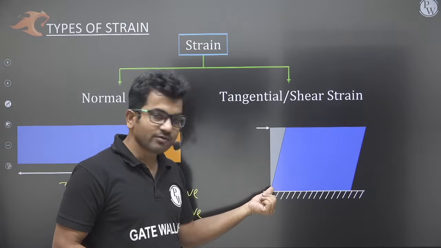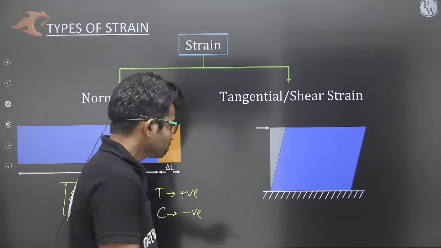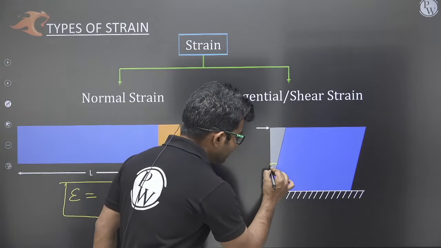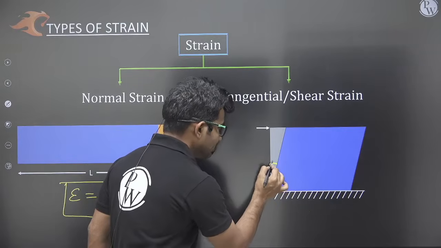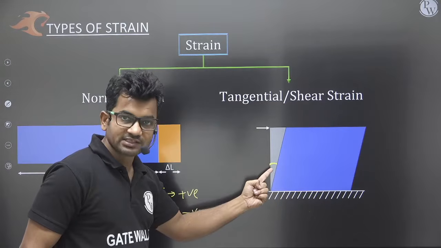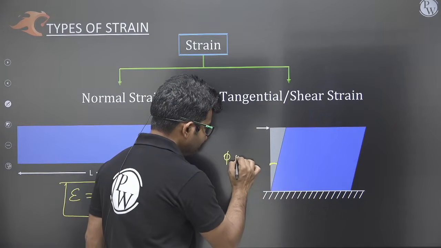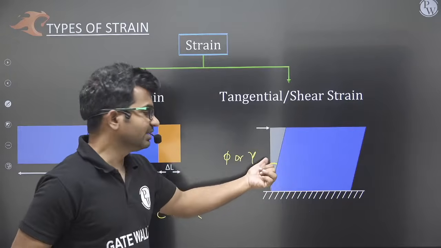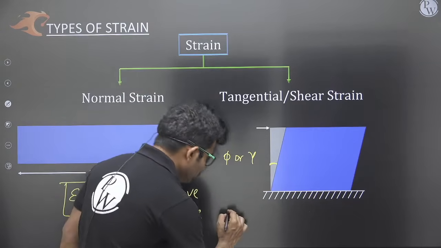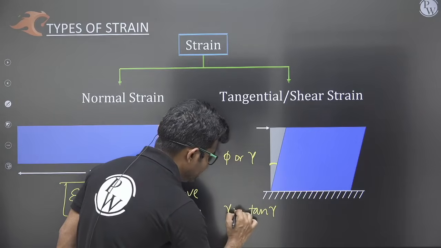The angle here was originally 90 degrees. Now the angle is something else. So this change in angle is represented as strain. So what is the tangential or shear strain? The angle change that is taking place here. We can represent it by phi, or we can represent this strain by gamma. So gamma will be approximately equal to tan gamma.